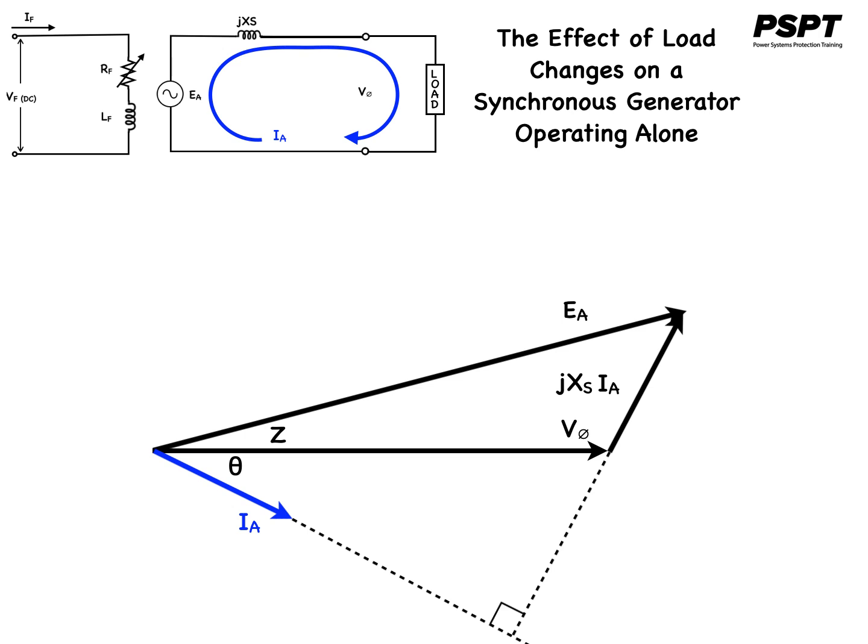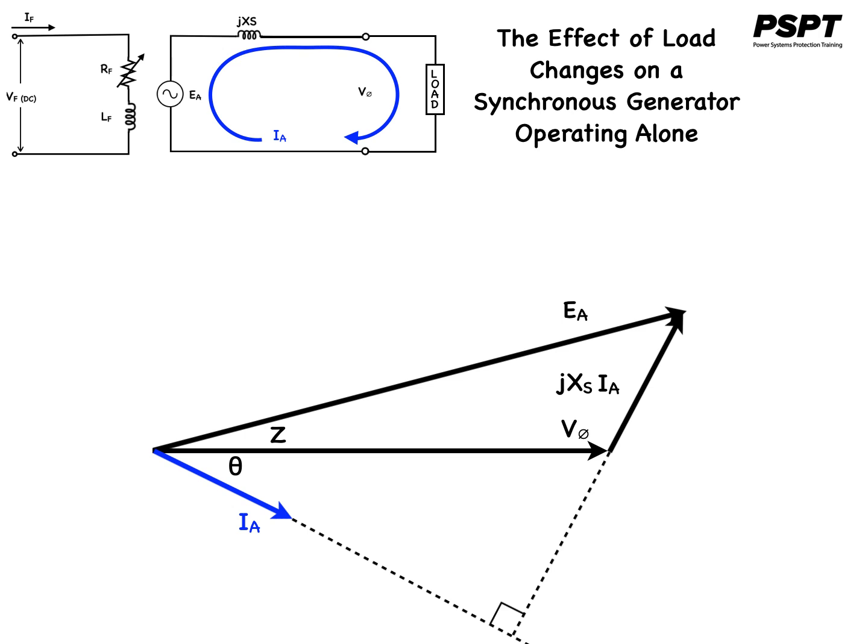Because the field resistor has not been changed, the field current is constant, and therefore the flux φ is constant. Since the prime mover also keeps constant speed ω, the magnitude of the internal generated voltage, EA, is going to be equal to some constant that varies with φ and ω.